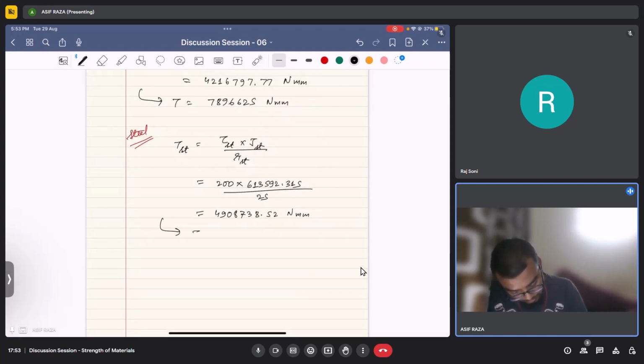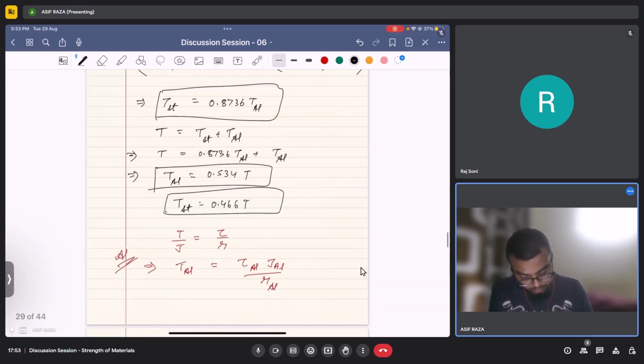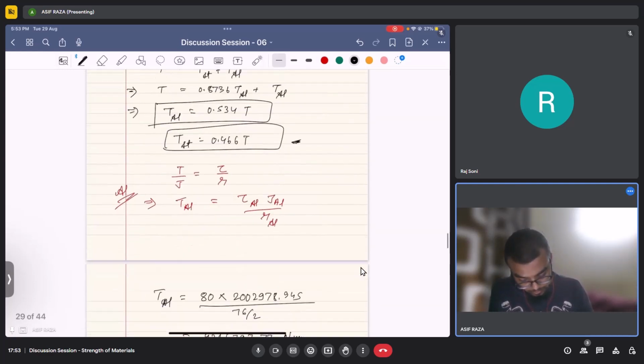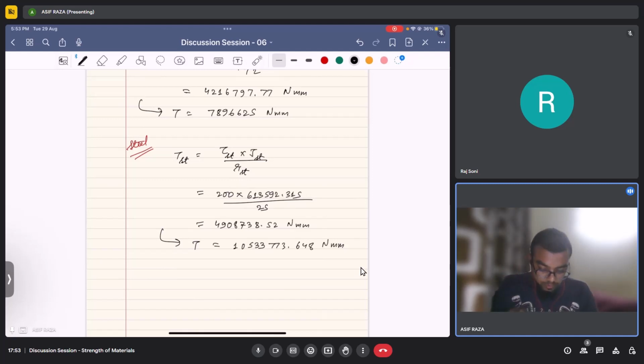Consequently, the torque corresponding to this, using this expression, divide by 0.466, comes out to be 10,533,773.648 Newton mm.